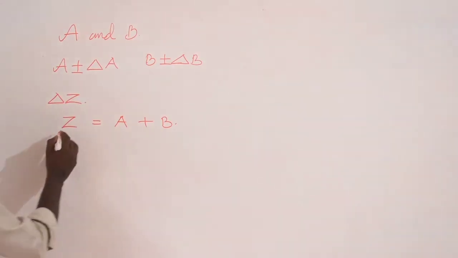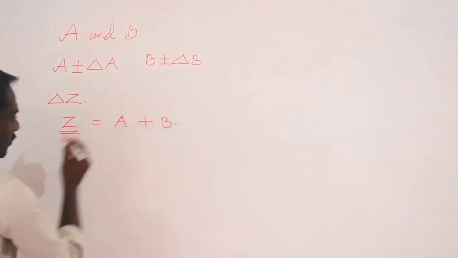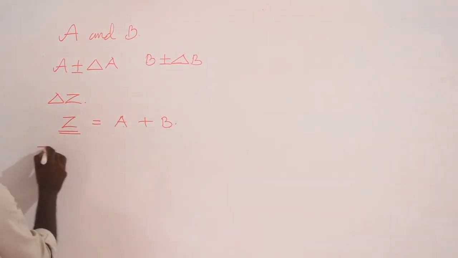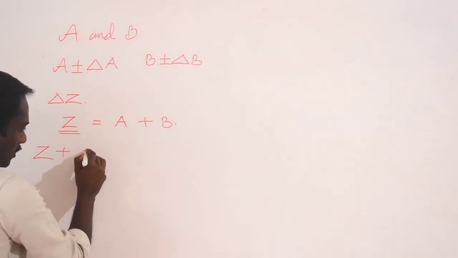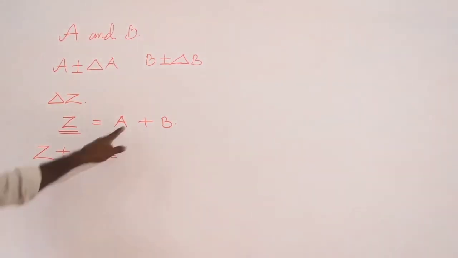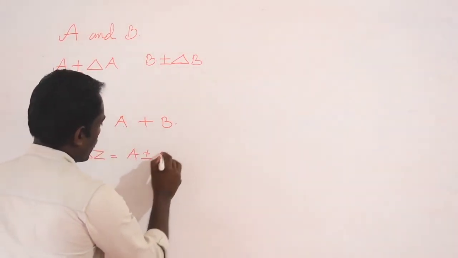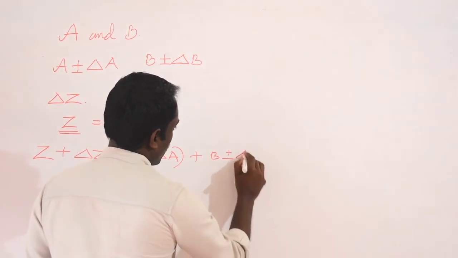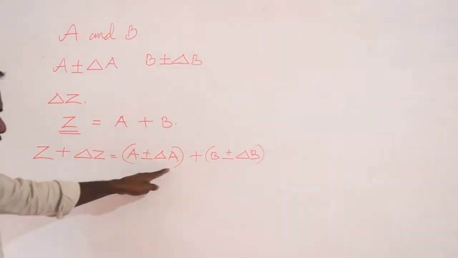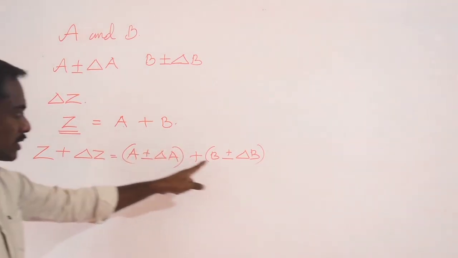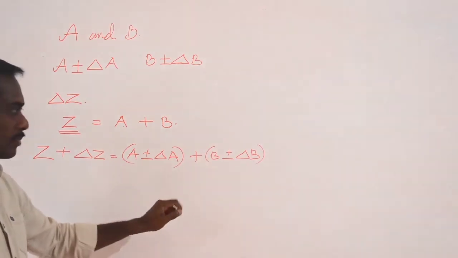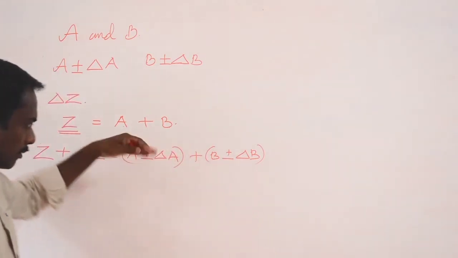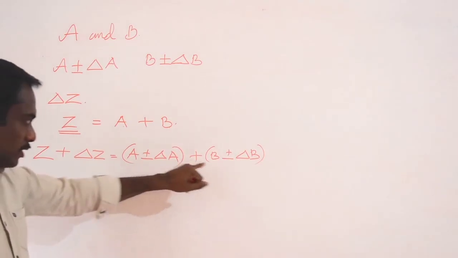If there is an error in the measurement, the resultant quantity can be written as Z plus or minus delta Z, which equals A plus or minus delta A plus B plus or minus delta B. So, with the absolute error in both quantities being plus or minus, the maximum error will be plus delta A and plus delta B, and the minimum error will be minus delta A and minus delta B.